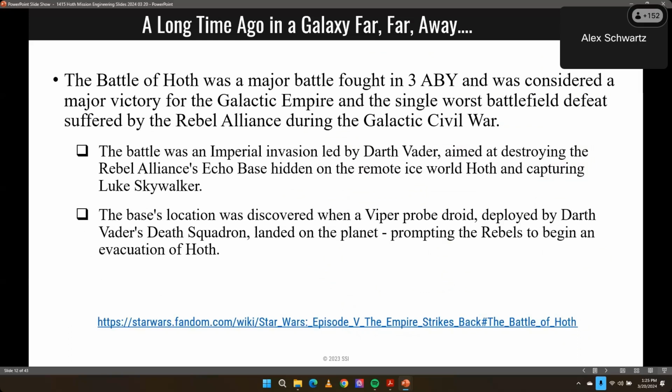Now, for those of you who aren't quite geeky enough and haven't seen the Star Wars Battle of Hoth, I can't tell you how many times I've seen it. It was a battle that was fought in 3 ABY. If you go on this website, they'll explain everything. It's just pages and pages of the Battle of Hoth.